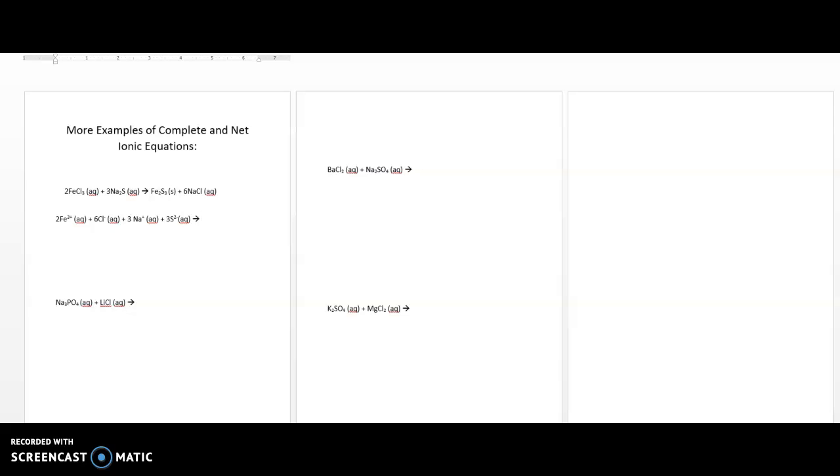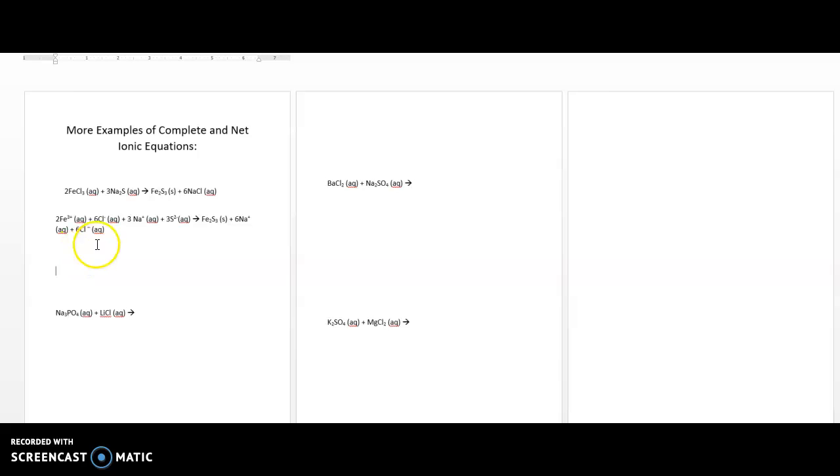Makes Fe2S3, which stays as a solid because it does not dissociate, plus 6 Na plus, and that's aqueous, plus 6 Cl minus, and that's also aqueous. Let's make these superscripts now. And let's make these subscript so that they're easier to see. All right, and this is my complete ionic equation.